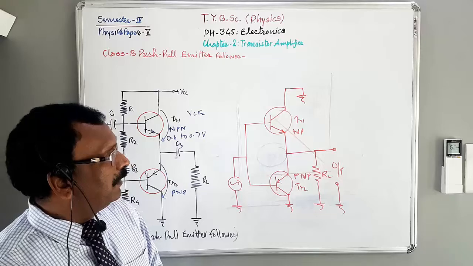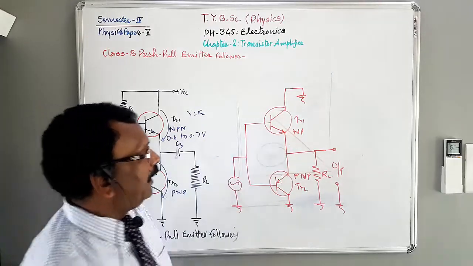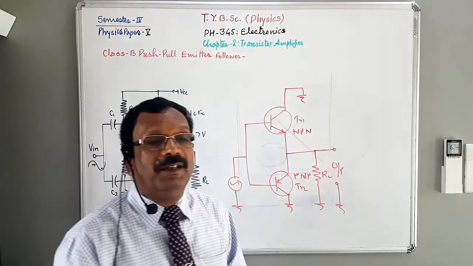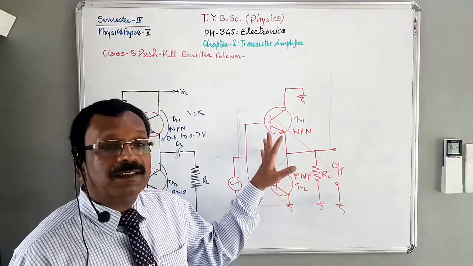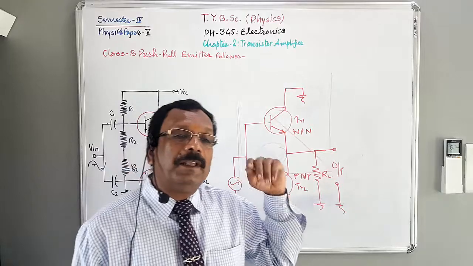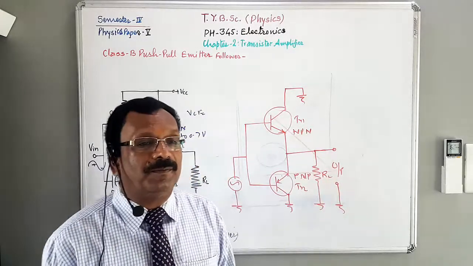Rather than saying transistor, this is the NPN emitter follower and this is the PNP emitter follower. This is the equivalent AC circuit of the class B push-pull emitter follower.